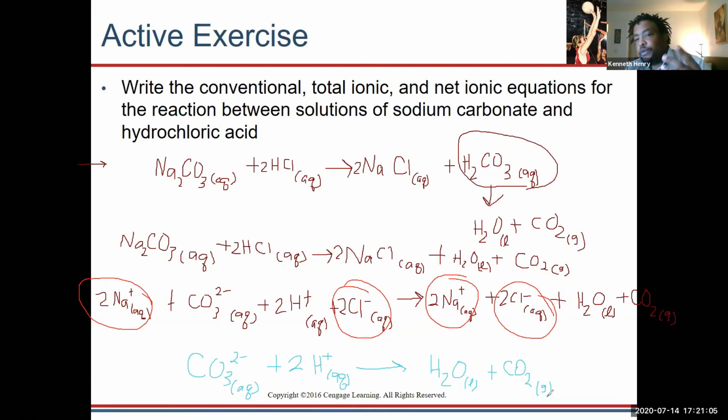So you remember the three cases. If you end up with sulfurous acid, carbonic acid, or, what was the other one? Sulfurous, carbonic, and there's one more. Oh, ammonium hydroxide.